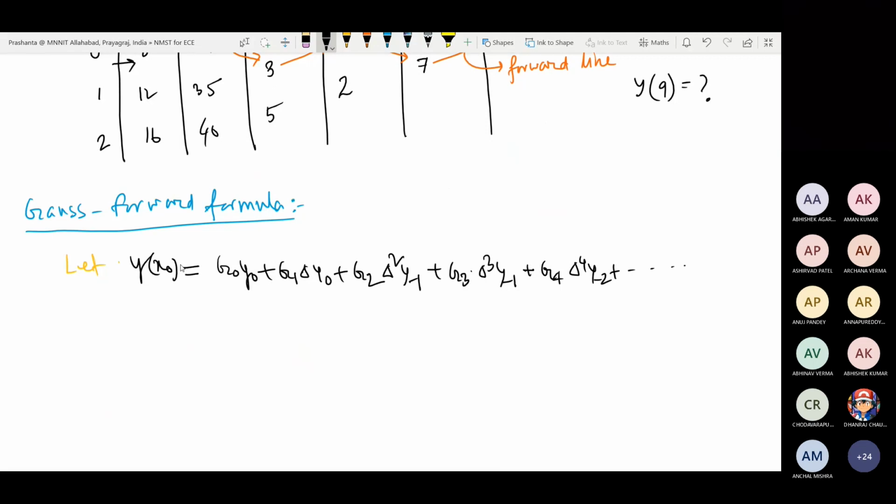There will be a finite number of terms if the data points are finite.